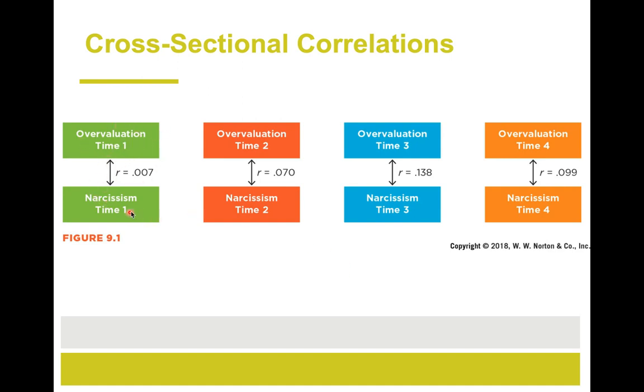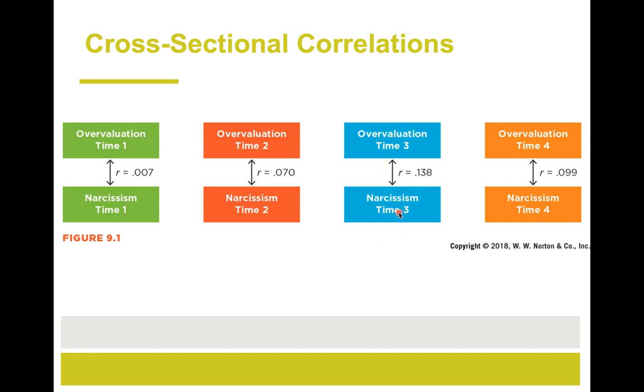Overvaluation at time point 1 is occurring at the same time as narcissism time point 1, and the same for time point 2, the same for the comparison at time point 3 and time point 4. Right? This cross-sectional correlation compares variable A at the same time as variable B.